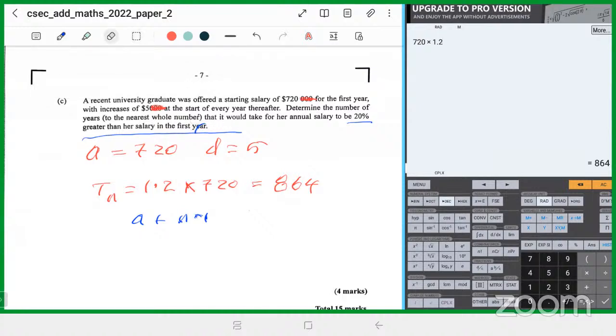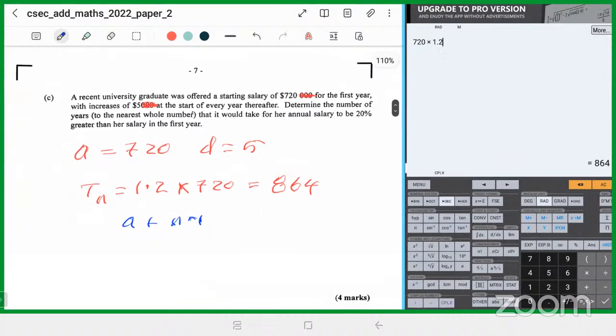Read it: determine the number of years, to the nearest whole number, that it would take for her annual salary to be 20% greater than her salary. Okay, that's 20% greater.